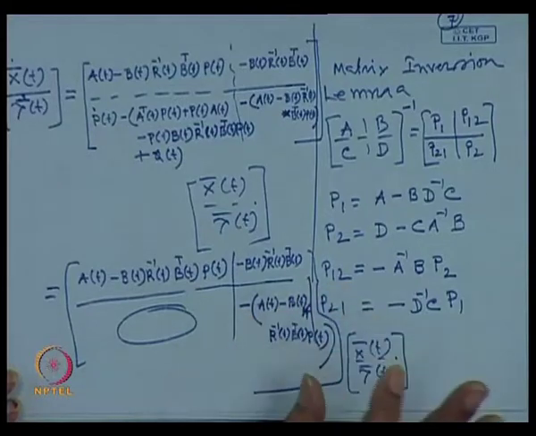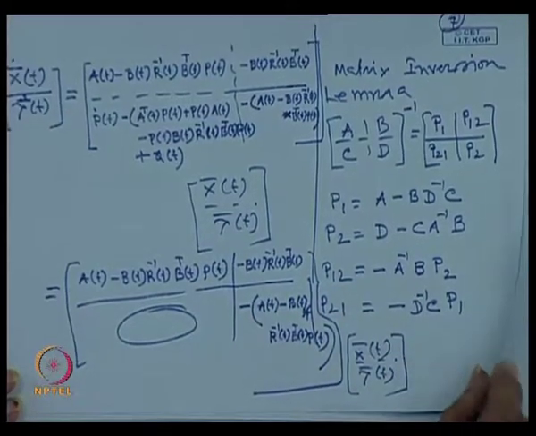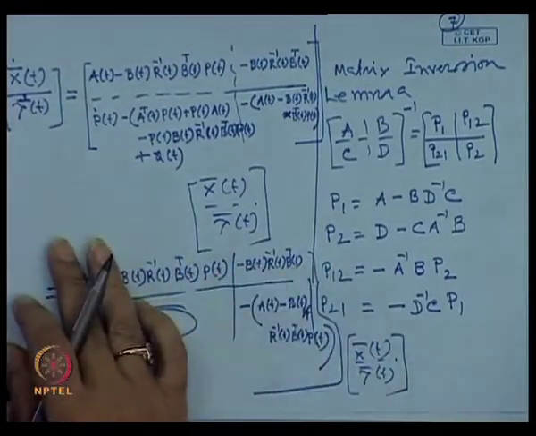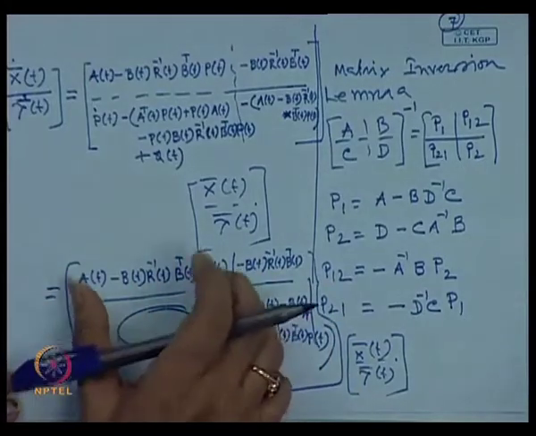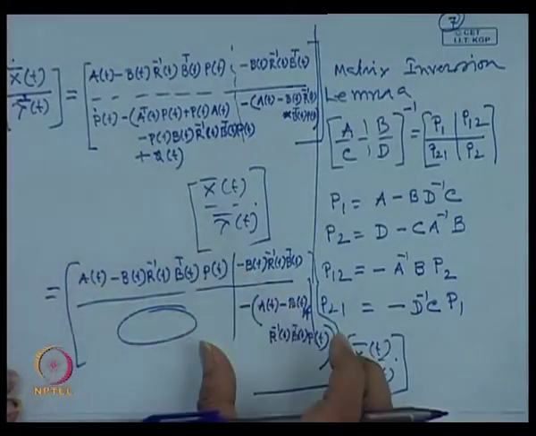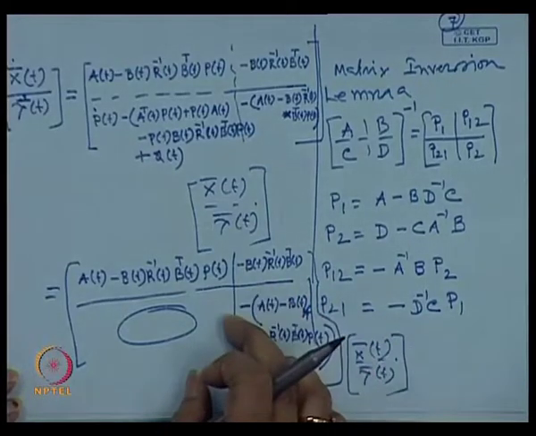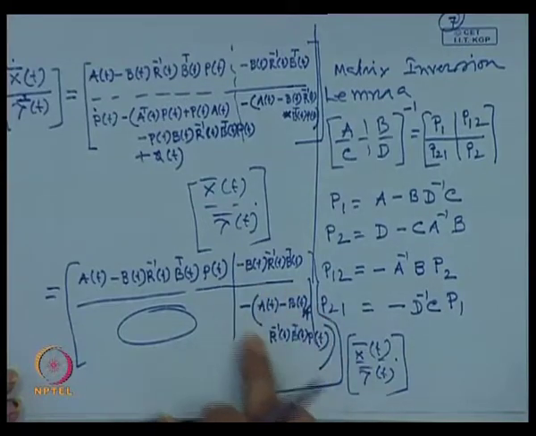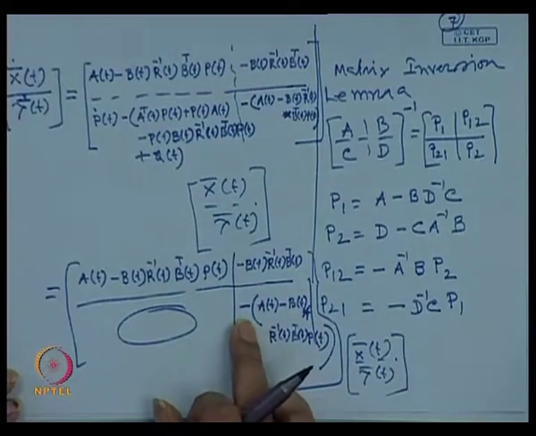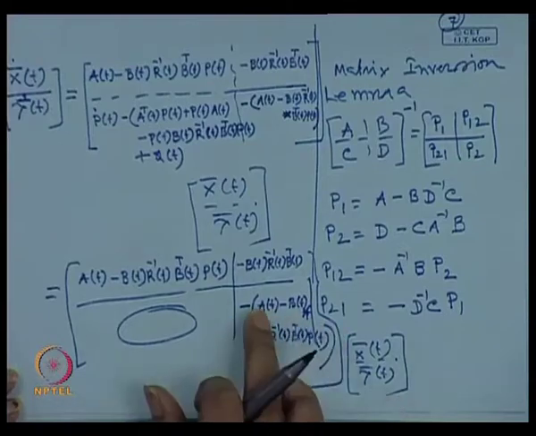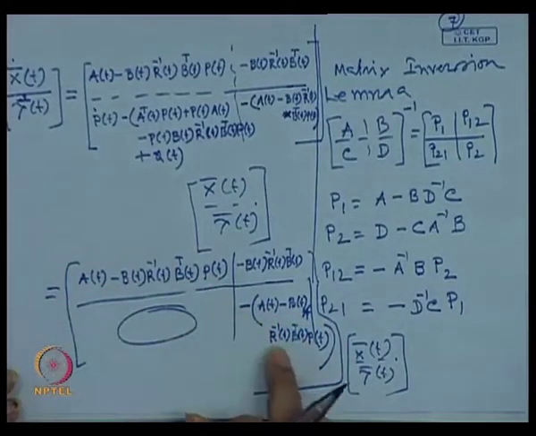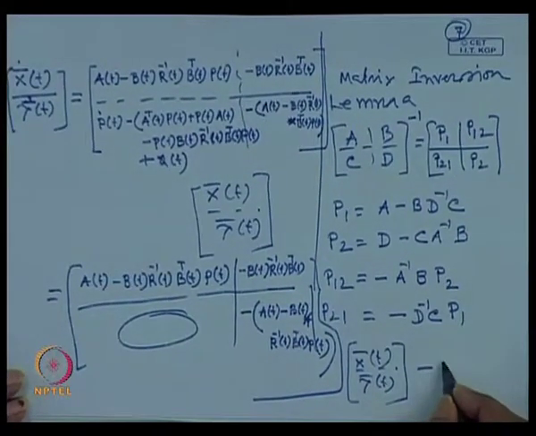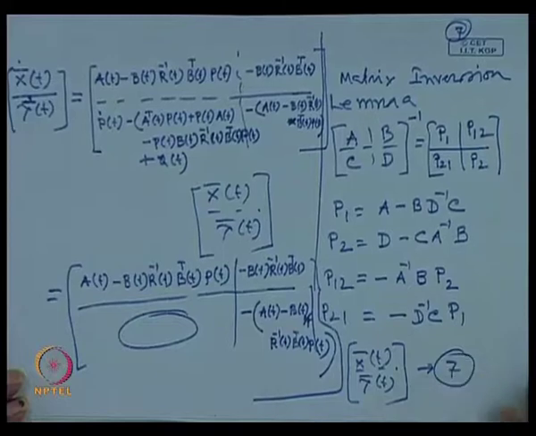So, we can conclude that the eigenvalues of the total state and co-state vector are nothing but the union of the eigenvalues of this block and that block, and these eigenvalues are the same, the only difference being that they are preceded with a minus sign, meaning the opposite sign of those eigenvalues will be here. So, let us call this equation number 7.